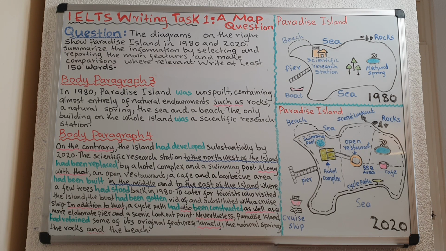Use linking words like I have used to help you to do that. Also remember to talk about the similarities between the two islands and the differences between the two islands. Okay? And remember, your task 1 should just be 4 paragraphs. That is the introduction, the overview paragraph, body paragraph 3, and body paragraph 4.